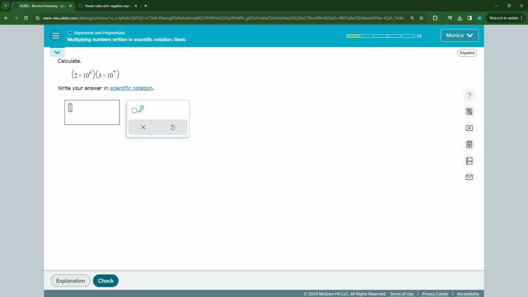All right, so this time I have 2 times 10 to the 6th times 3 times 10 to the 7th. So this is the same thing as doing 2 times 3, and then times 10 to the 6th times 10 to the 7th. Those 10s are going to be 10 to the 6 plus 7, which is 13.